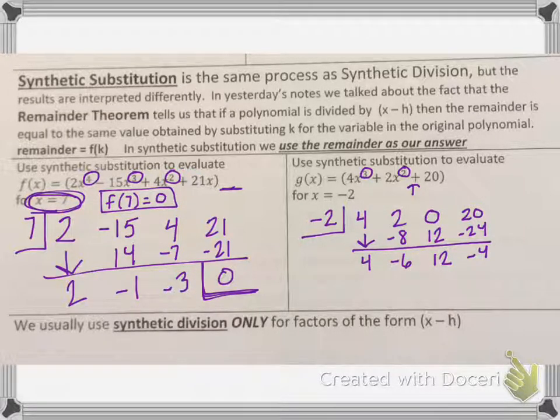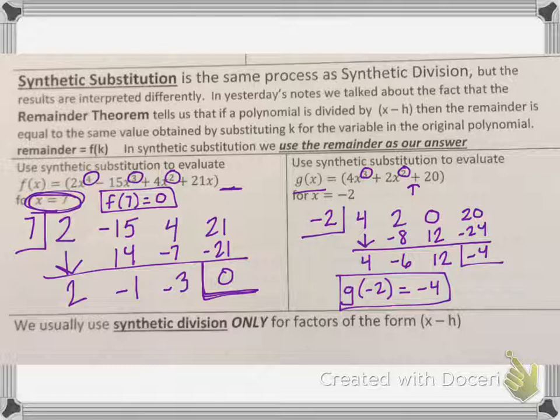But they're using g of x this time, so I can't write f of negative 2, I have to write g of negative 2. And that is equal to negative 4, because they're only asking for the remainder in that case. So the answer is negative 4.